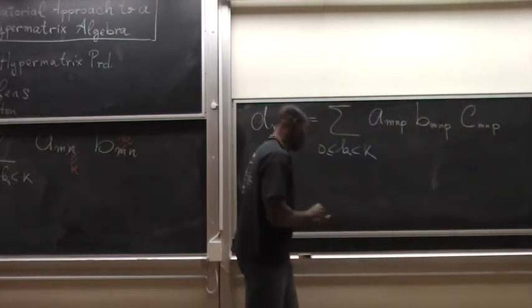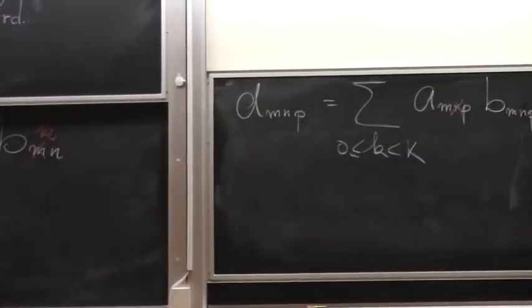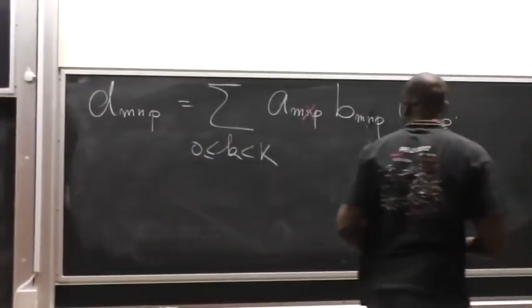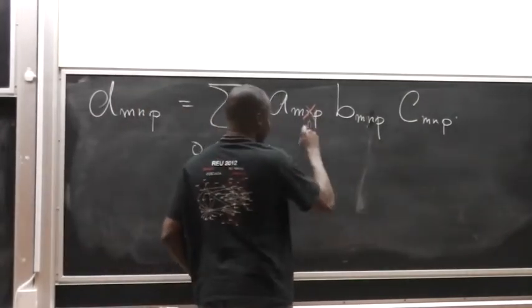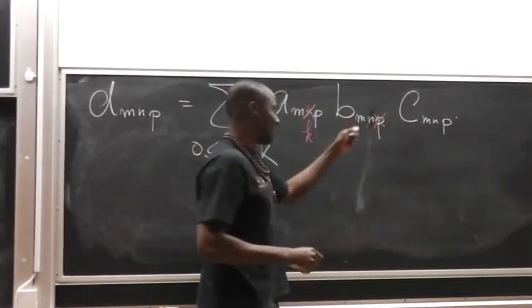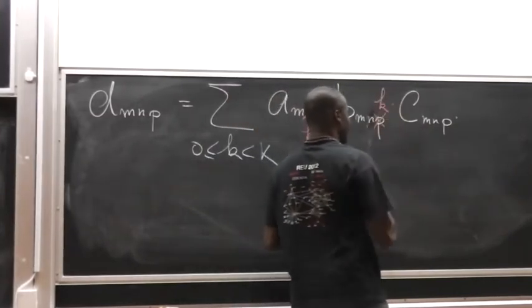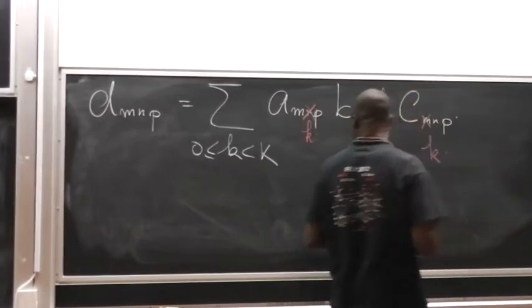This is ternary. Let me erase here. So let me erase this second guy just by mimicking what I did there. Change this into a k. Since I have to not do it for the same index, I'm going to change this guy into a k. And here, the first one is going to turn into a k.